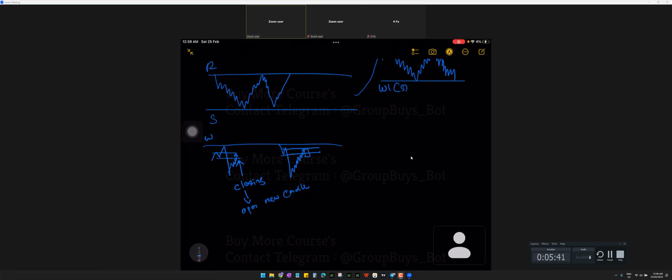Closing candle on weekly to know the direction has changed. And then this support also, we're waiting for the closing. If there is no closing, it will break directly to another new support, for example, new weekly support.